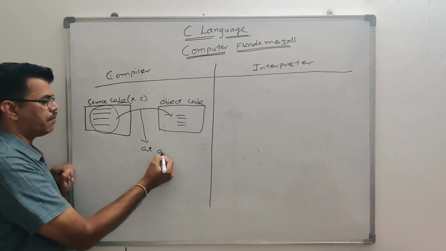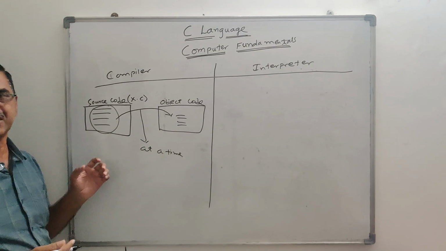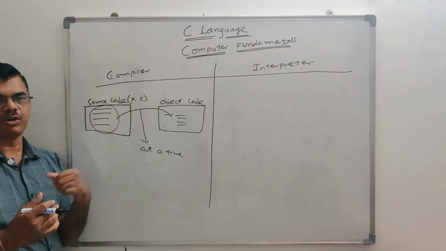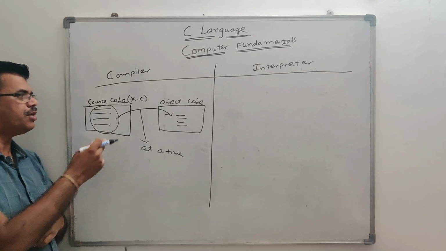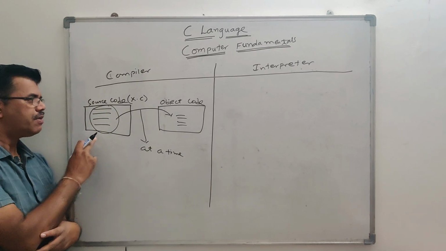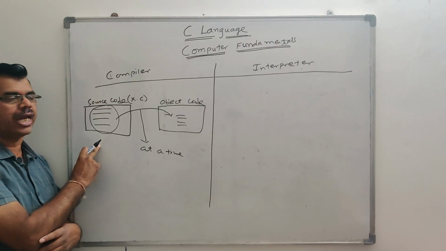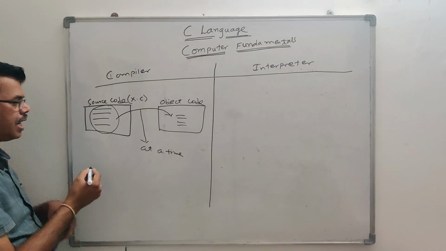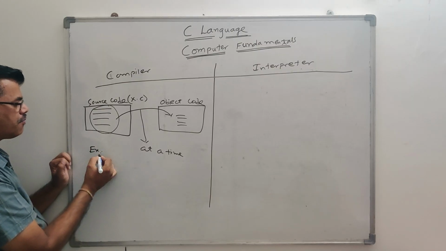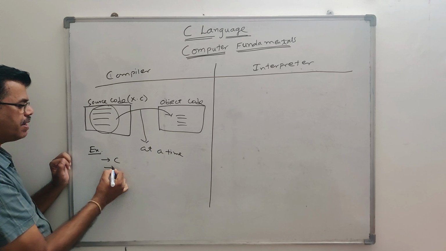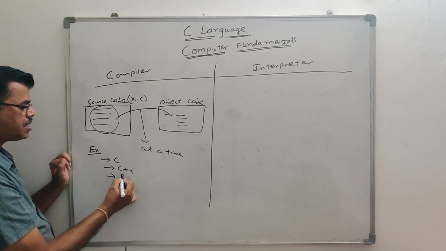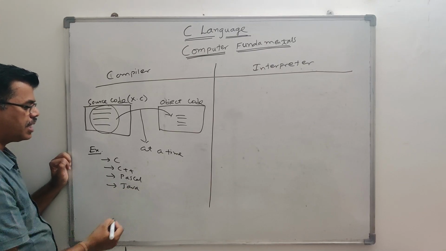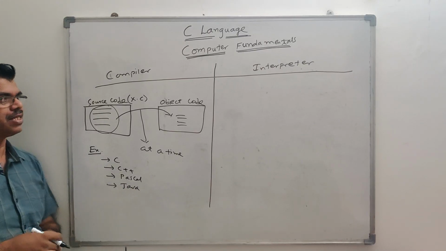If even a single error is there, the object code will not get generated. Only if your source code has no errors will it be converted into object code, that is at a time. Example languages of compiler are C, C++, Pascal, Java. These are compiler based languages.